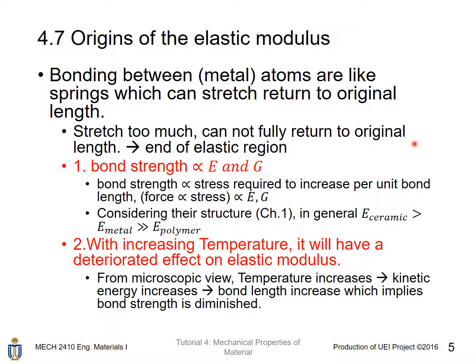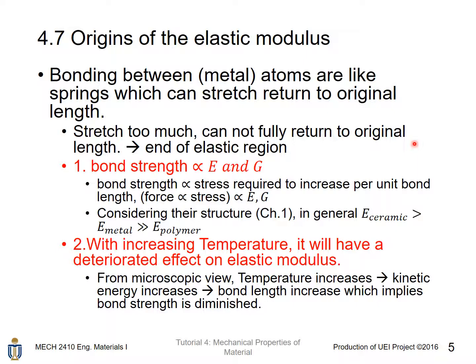Regarding the origin of this elastic modulus, the bonds between metal atoms are like strings, which can stretch and return to the original length. But if you stretch it too much, it cannot fully return to the original length, which represents the end of our elastic region.